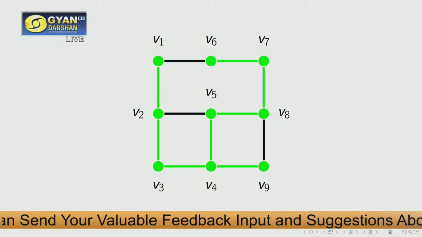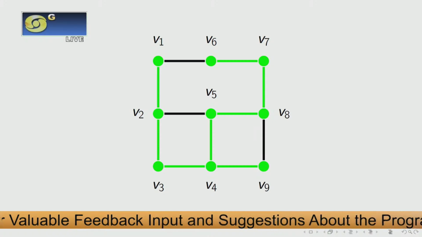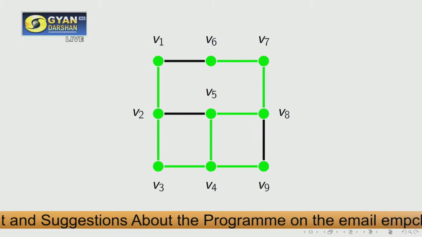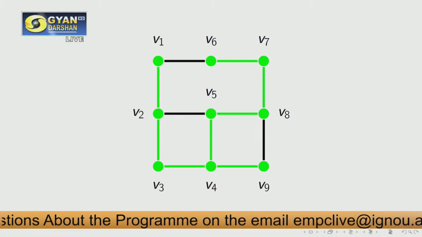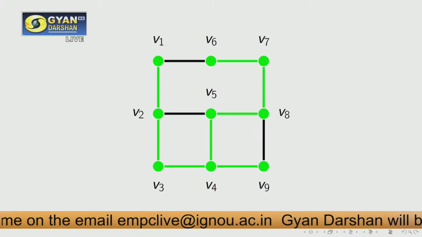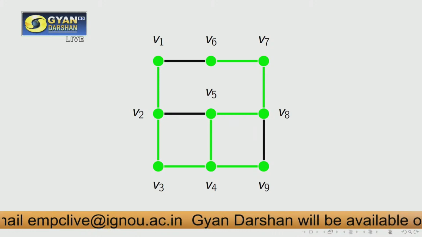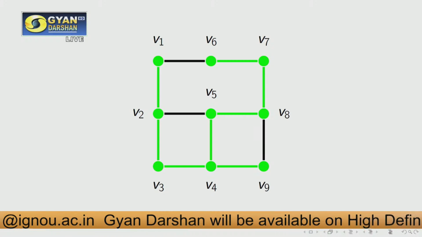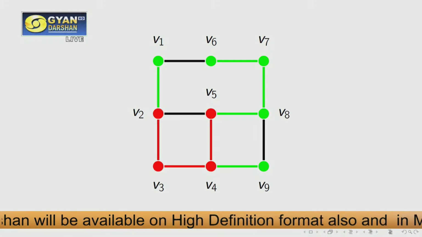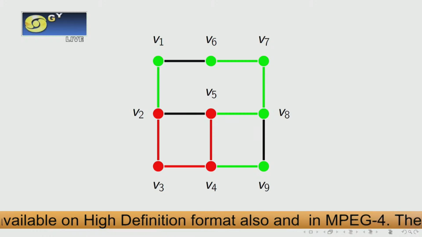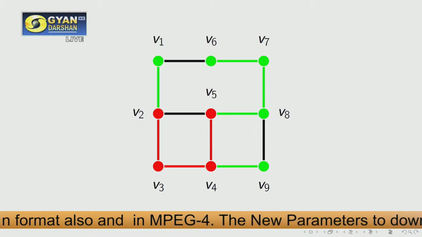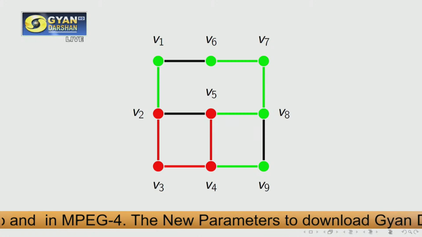For instance, if we look at the edge V2, V5, then the fundamental cycle of this edge can be constructed by looking at the path from V2 to V5 in the spanning tree, and this path is shown here: V2, V3, V4, V5. So using this unique path and the edge V2, V5, we get the fundamental cycle of V2, V5.